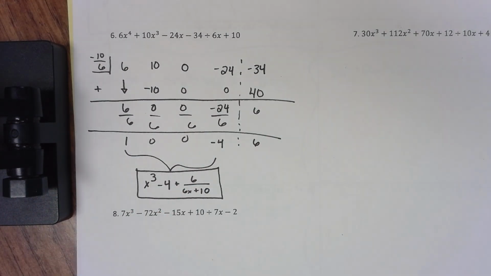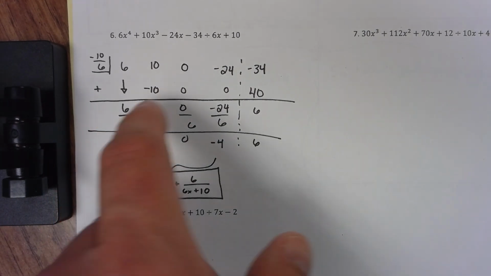So then we get negative 24. That negative 24 divided by 6 is negative 4. Negative 4 times negative 10 is positive 40. And negative 34 plus 40 is 6. Now again, the last part of this, which is sneaky, synthetic division is just crazy how it works out this way to begin with. But the only things that get divided are the non-remainder coefficients.